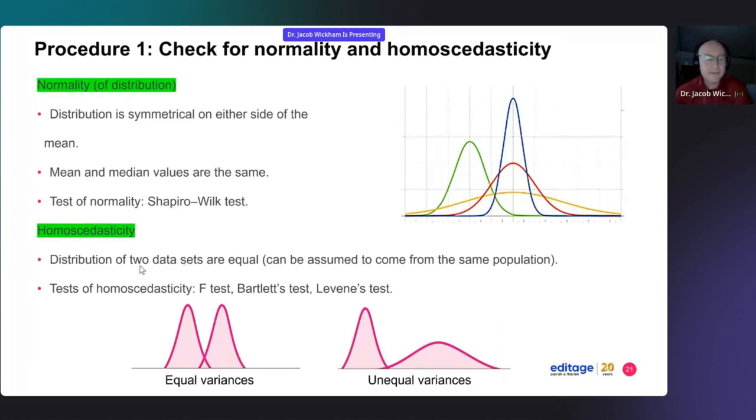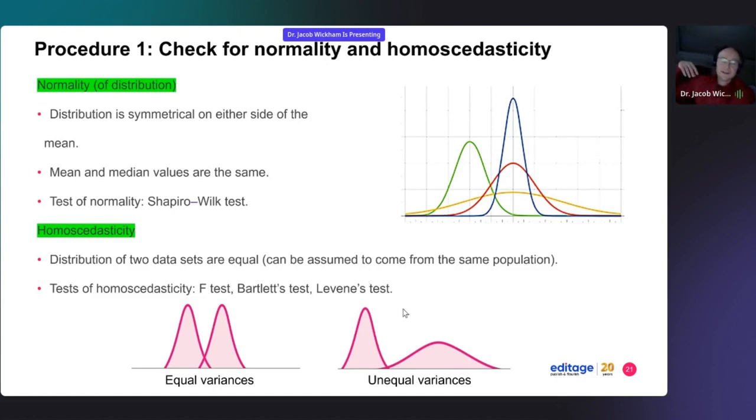For a test of homoscedasticity, the assumption of equal variances, the test I like to use the most is Levene's test. So here the null hypothesis is that the variances are equal. So if you get a significant p-value of 0.05 or less, then you can reject the null hypothesis that the variances are equal.